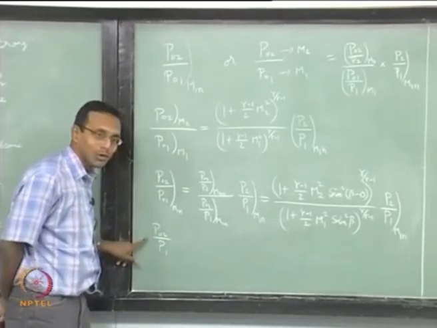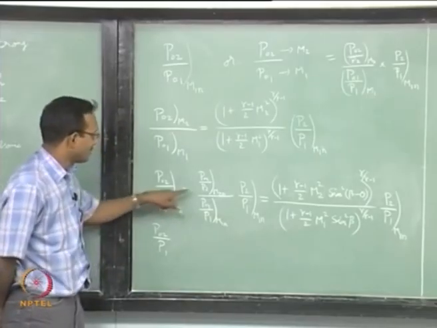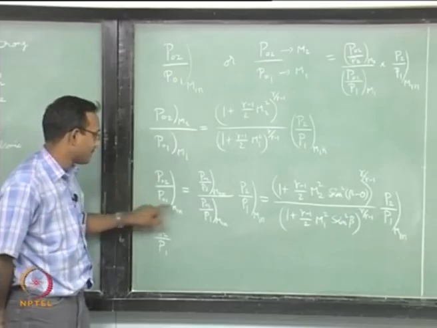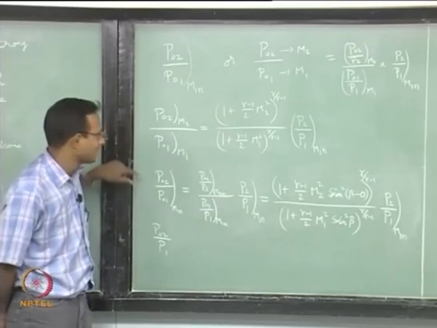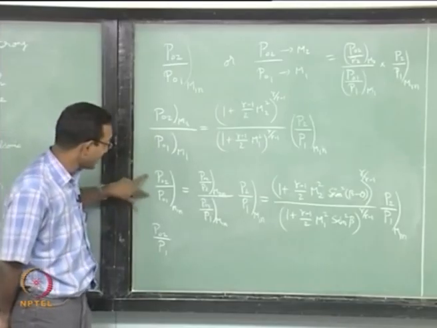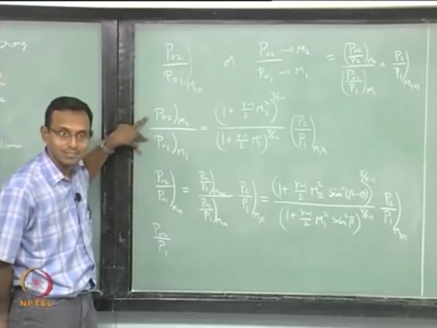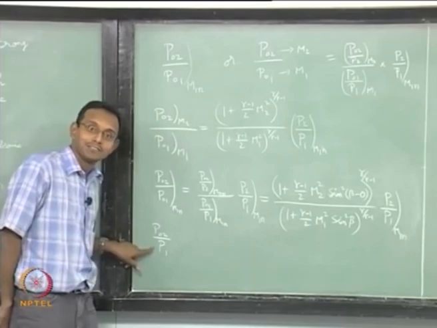Do not use this column to find the P naught 2, because the P naught 2 from this expression is not the same P naught 2 from this expression. It so happens that the P naught 1 is not the same for both also, but the ratios are the same. If I go and use P naught 2 by P 1, I will make mistakes.